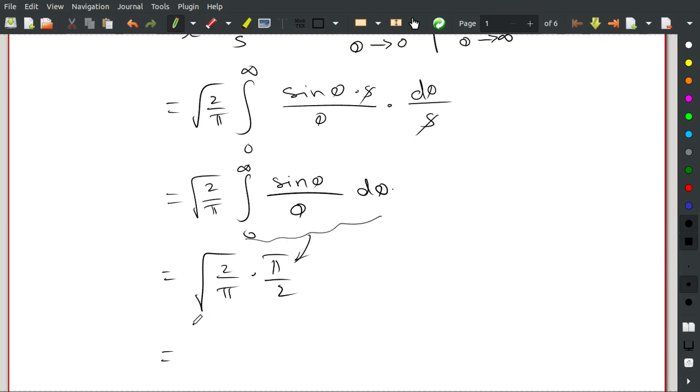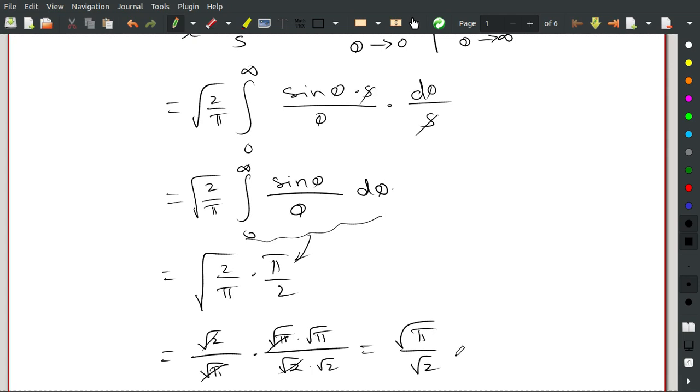So on further simplification, we can write this as root 2 divided by root pi, and this pi as root pi into root pi, and this 2 as root 2 into root 2. Therefore they get cancelled, and we have root pi by root 2, or root of pi by 2. Okay, so this is our final answer.